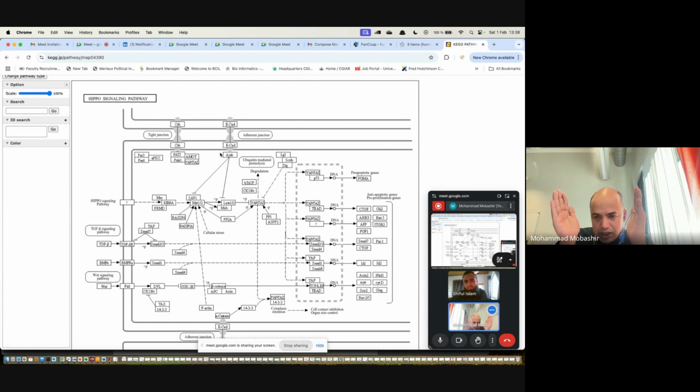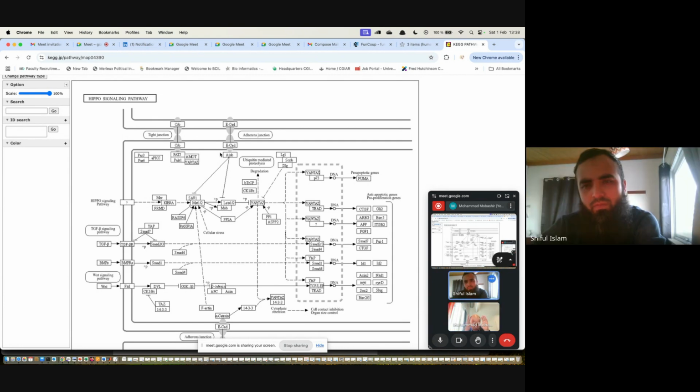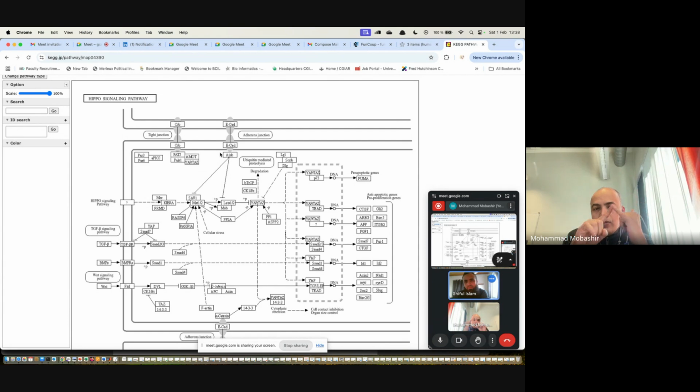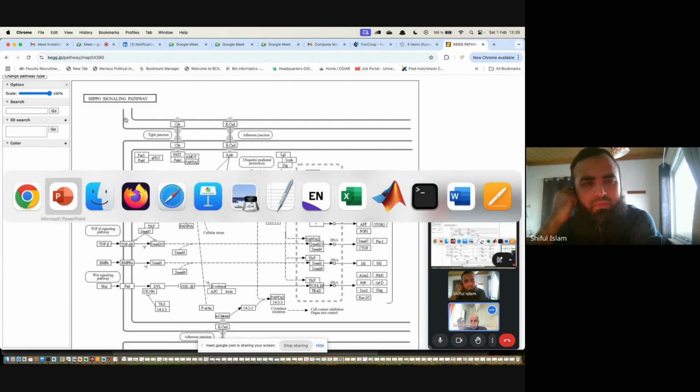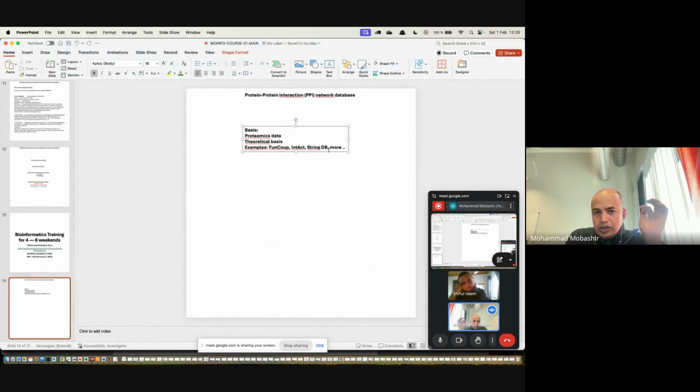All these three types of data belong to epigenetics data. So the first part is gene expression, the second is mutation, the third is epigenetics, and epigenetics mainly focuses on ChIP-seq, ATAC-seq and DNA methylation. Clear? Any question you would like to ask here? Not here. So this is also clear now.